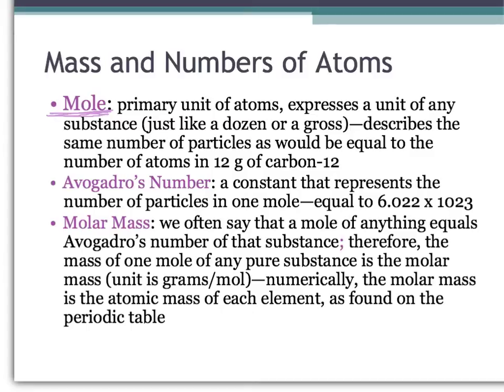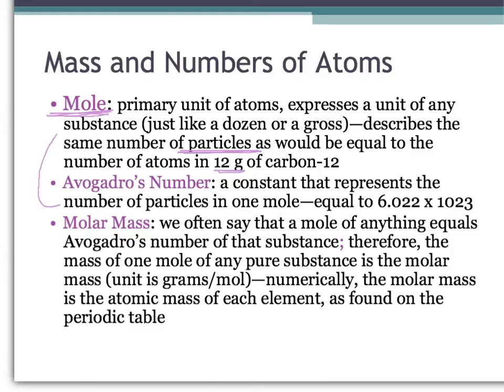It is just a comparative or relative unit, something like a dozen, right? A dozen donuts is 12 donuts. A dozen cars is 12 cars. A dozen roses is 12 roses. Moles are the same thing, and moles just represent the number of particles that could be found in 12 grams of carbon, which is, again, a pretty arbitrary measurement.